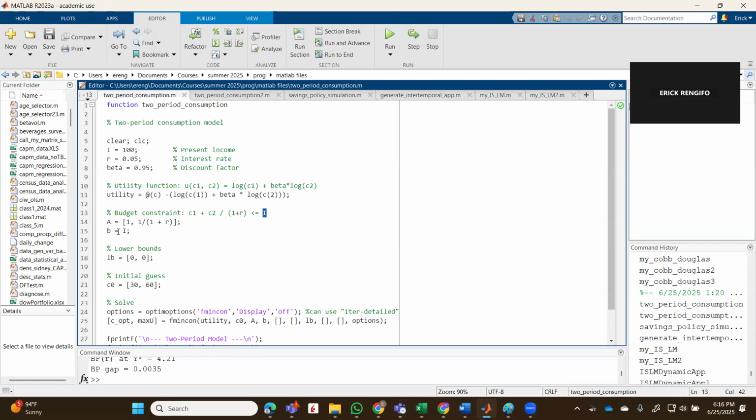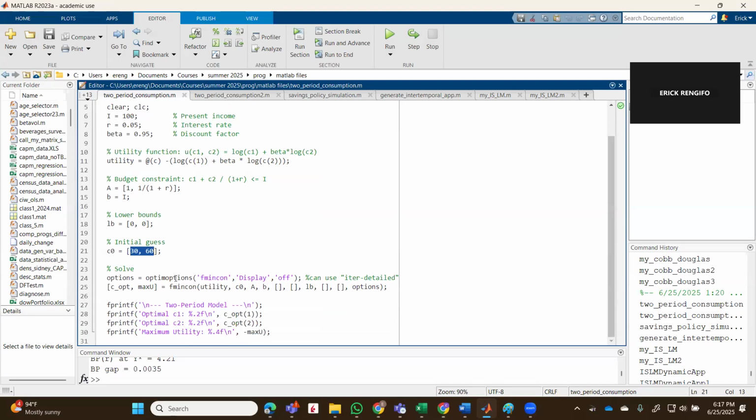What I want is b, so my restriction should satisfy condition b. Now I set lower bounds because I'm going to use fmincon. Remember that fmincon allows us to work with restrictions, but we need to always impose lower limits and give it starting initial guesses.